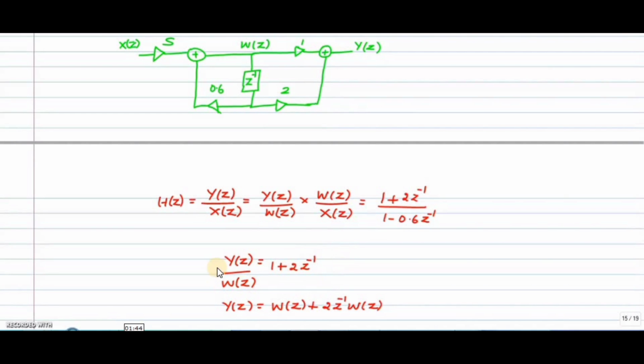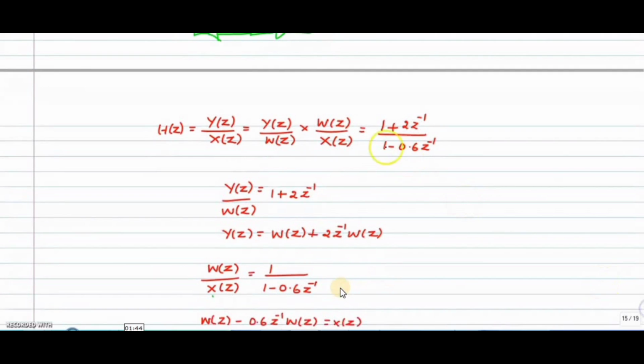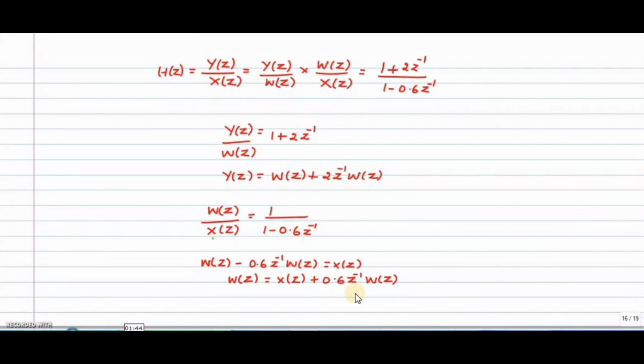If I expand this equation, I will get Y of z is equal to W of z plus 2 into z power minus 1 into W of z. If you cross multiply these two functions, you will get W of z minus 0.6 into z power minus 1 W of z is equal to X of z, right? So from this I can write W of z is equal to X of z plus 0.6 into z power minus 1 into W of z.